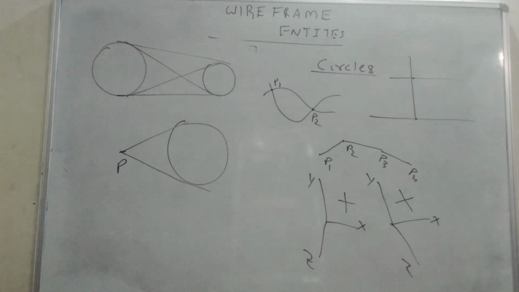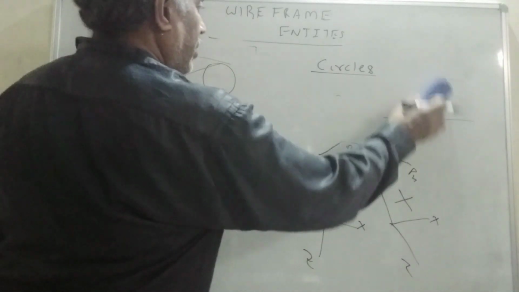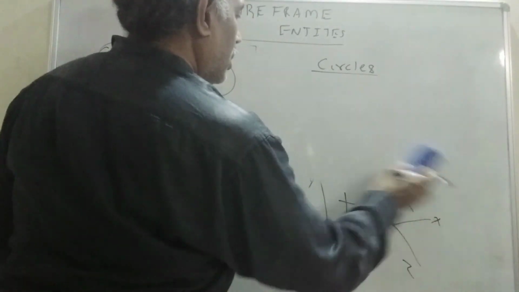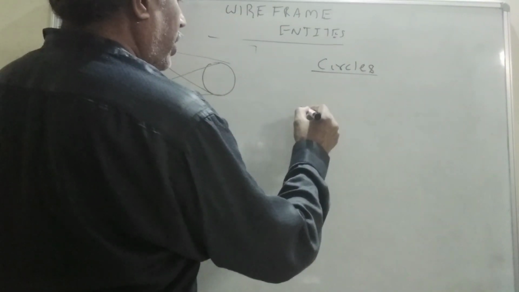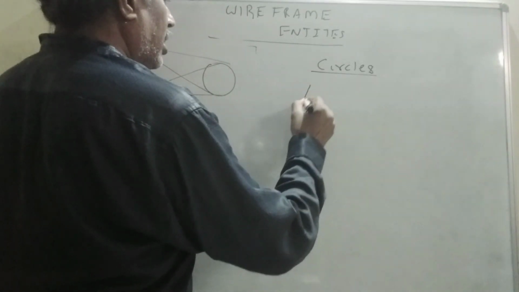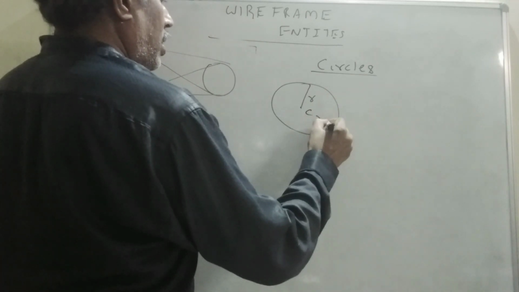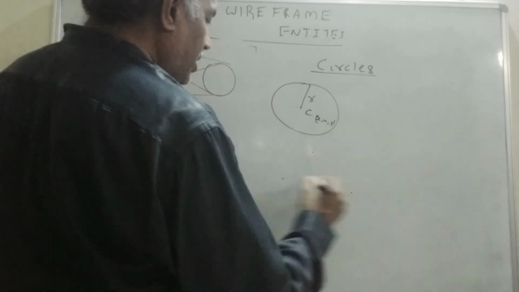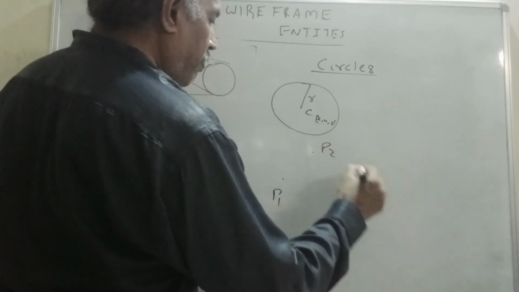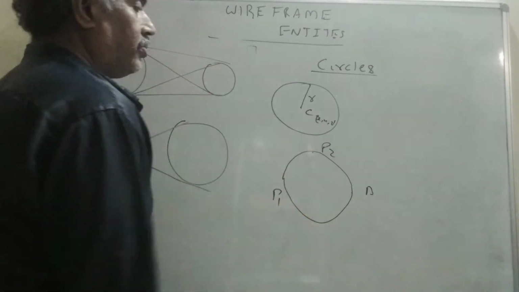Finally, how to generate circles by inputting data. For inputting circles, what is required? We require the center point C and radius R, and you can draw a circle. Or another way of inputting data is to give three points P1, P2 and P3 and generate a circle joining these three points.